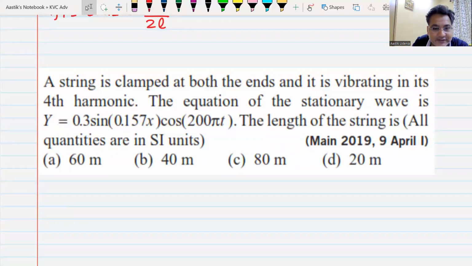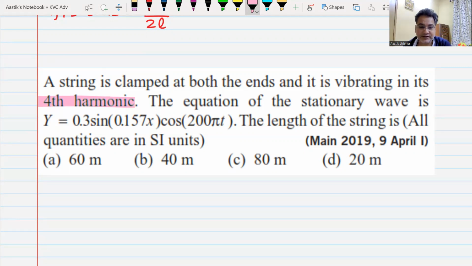So I have an answer here, and the answer is 80. Fourth harmonic, it is oscillating. The length of the string we have to find out.